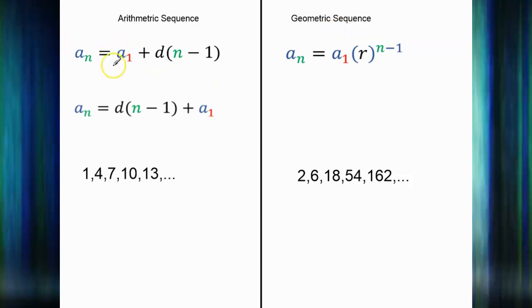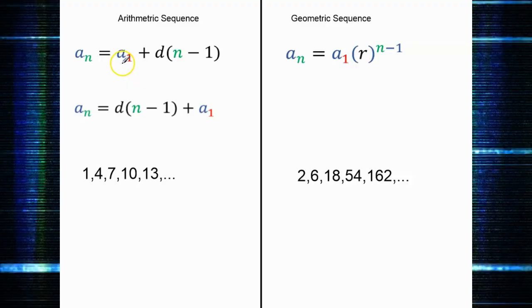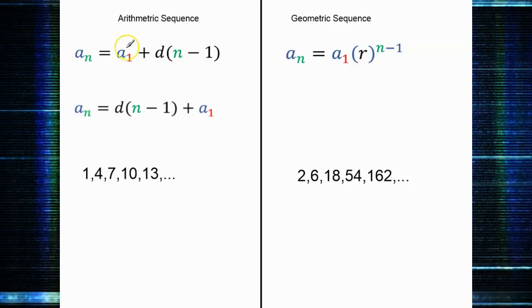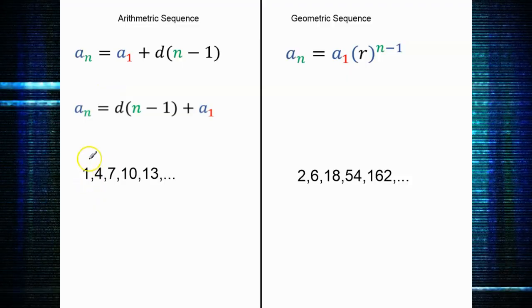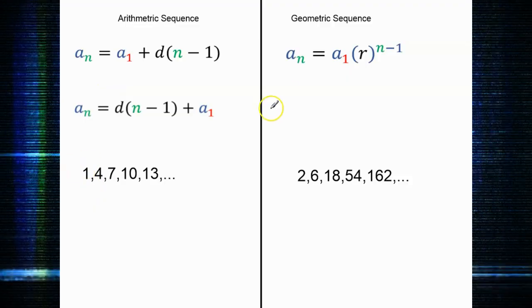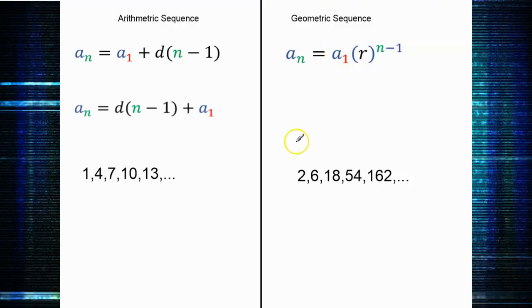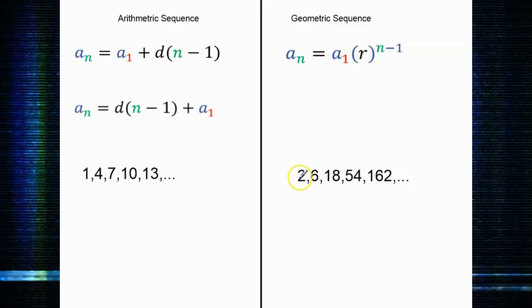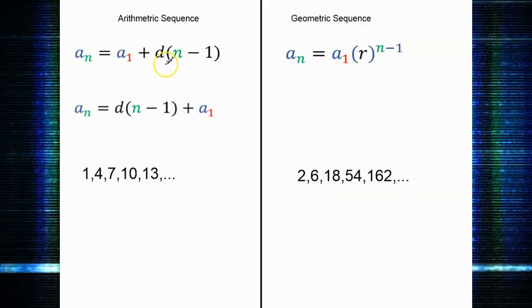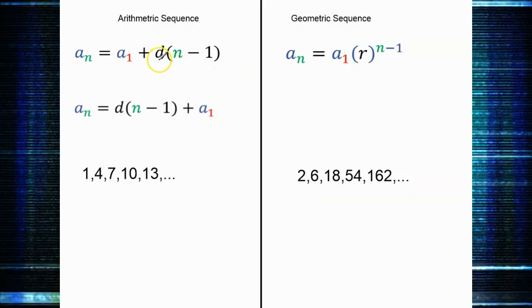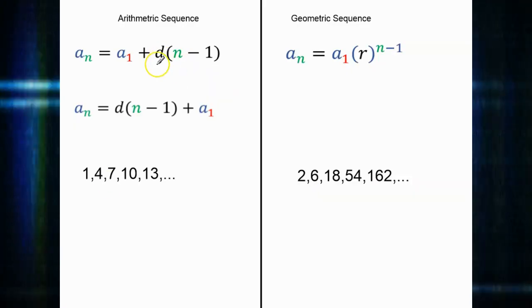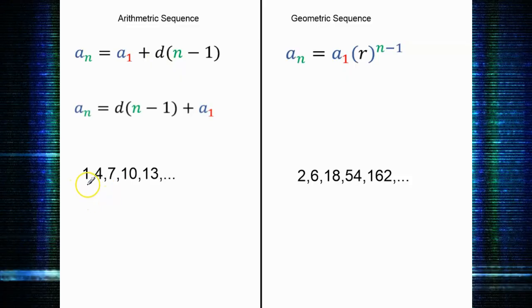So for this particular arithmetic sequence, a sub 1, remember, is going to be the first term. So a sub 1 is going to be 1 in this case. And d is 3 in this case. So what about this d? What does that stand for? d is the common difference, and that's how much we're adding each time.